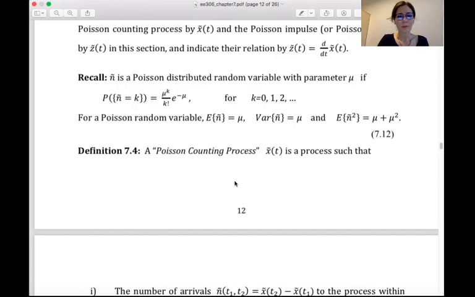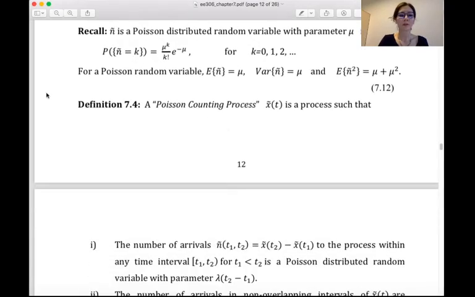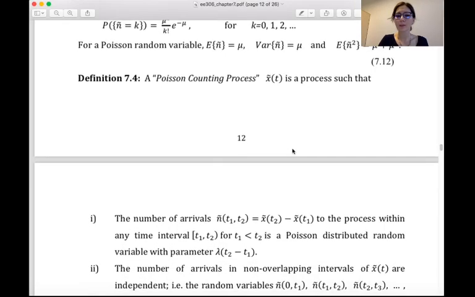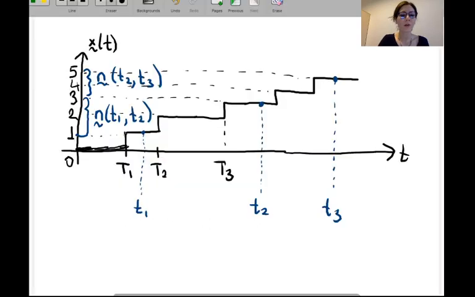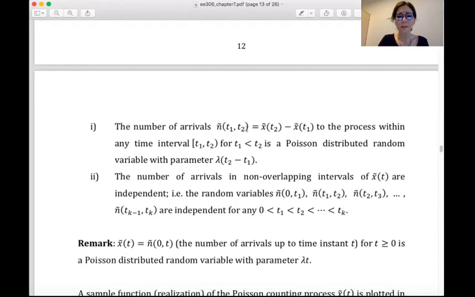Now back to the Poisson random process, let's define it. A Poisson counting process, we're defining the counting process version, is a process such that the number of arrivals N(t1, t2), just notice that this can be written as x(t2) minus x(t1), where x(t) is the total number of arrivals. So this random variable, the number of arrivals within any time interval t1, t2, should be a Poisson distributed random variable.